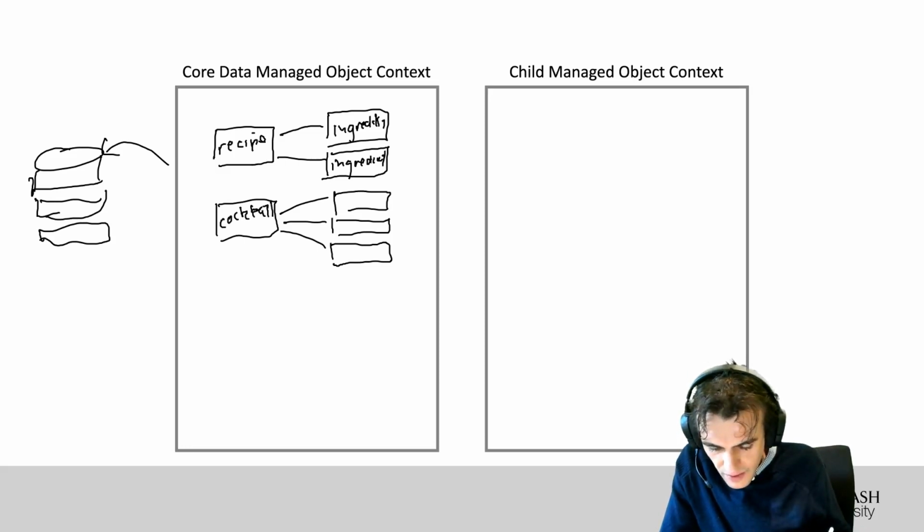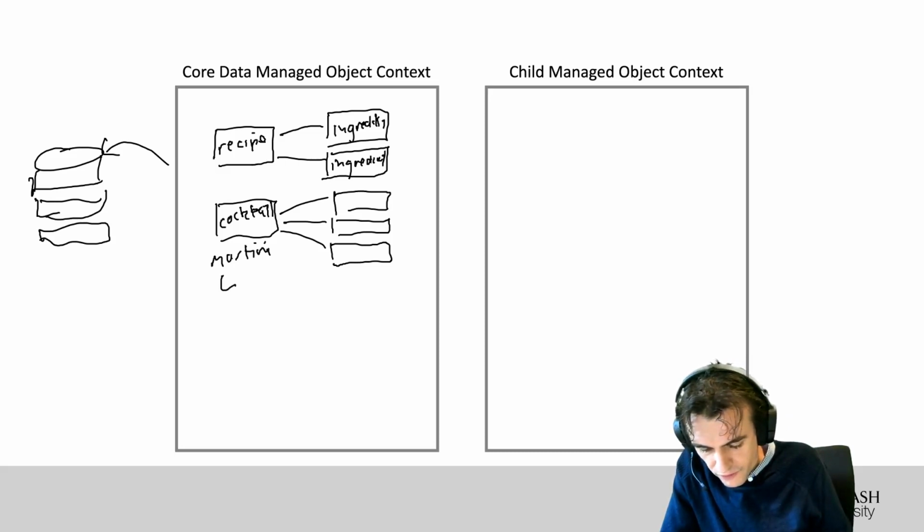Let's say I have a cocktail, say a martini. If I'm talking about editing an existing martini, and I want to change the instructions, then instructions are just a property of our martini.